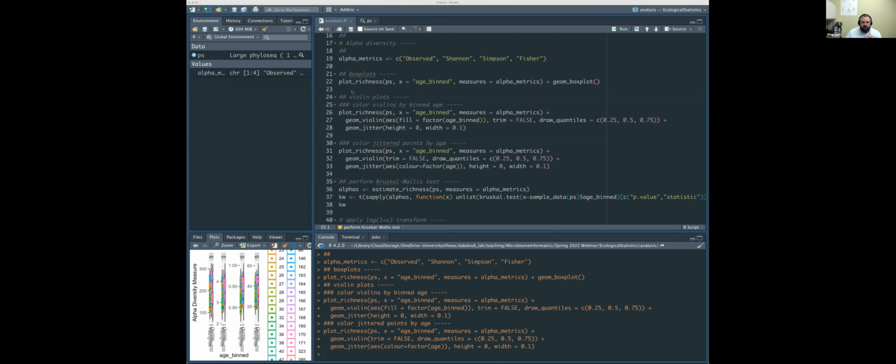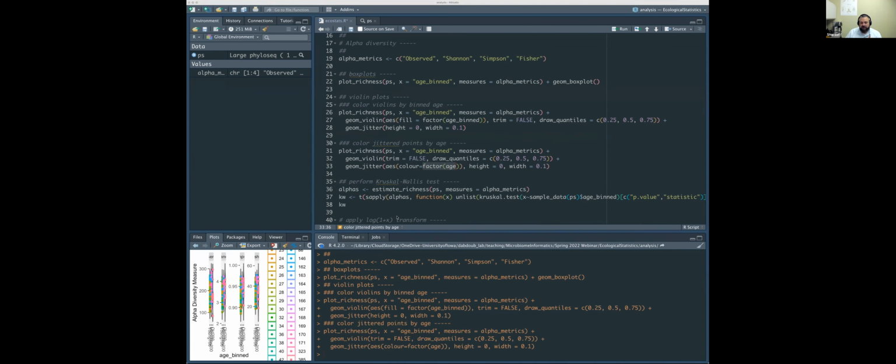So here we've added color based on the age factor to our jitter plot of the samples. We can actually see here that there's no association, at least in alpha diversity, in any of the alpha diversity metrics.